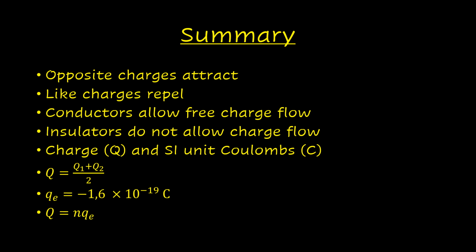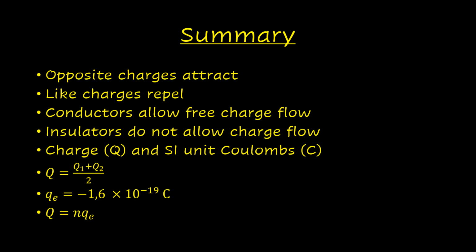The symbol for charge is capital letter Q, and the SI unit is coulombs or C. And when two identical conducting spheres touch, negative charge is transferred from the more negative sphere to the more positive sphere. The final charge on each sphere after touching will be given by Q equals Q1 plus Q2 divided by 2.